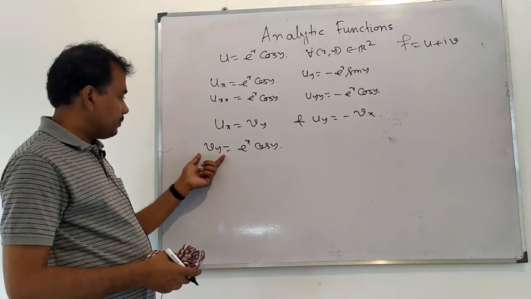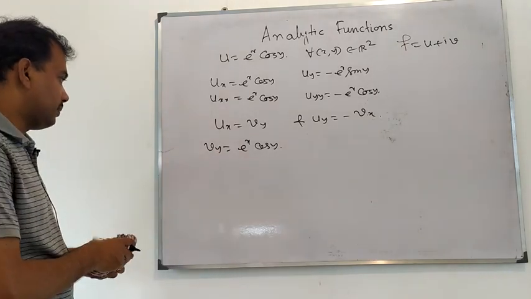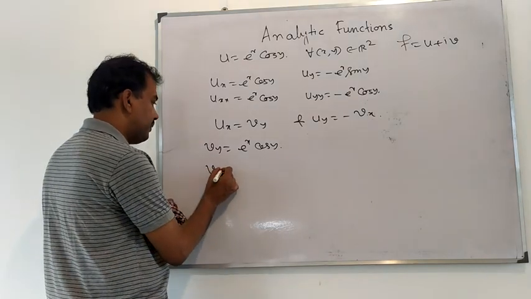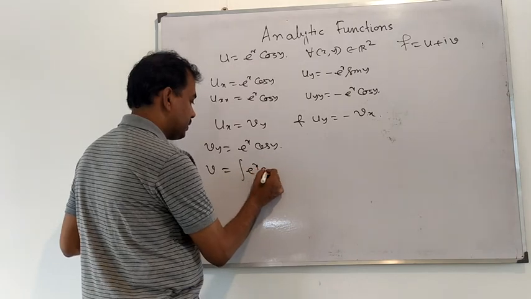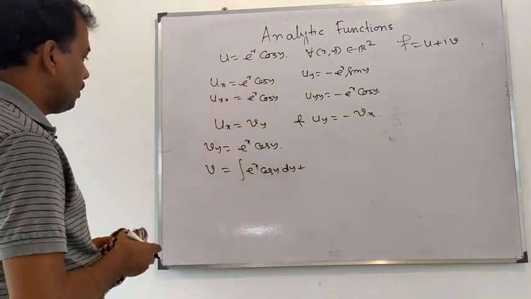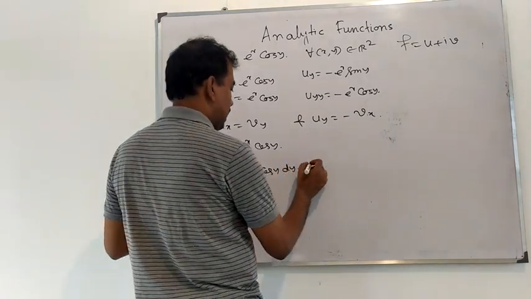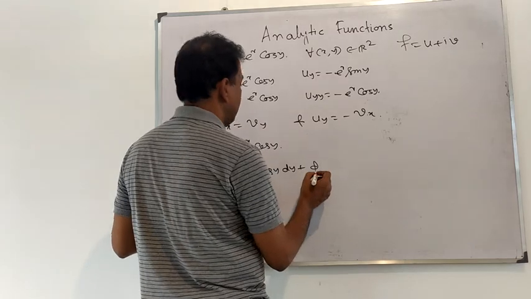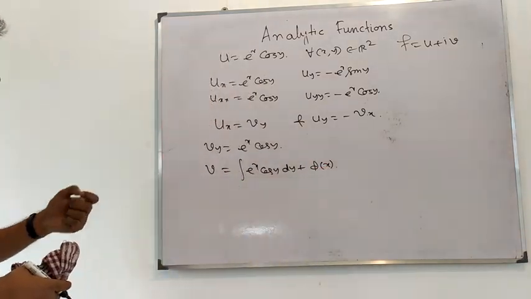Now integrating with respect to y, we get v equal to the integral of e to the power x cos y dy. Since we are integrating with respect to y, the integrating constant will be a function of x, suppose this is equal to phi of x, which is an integrating constant.